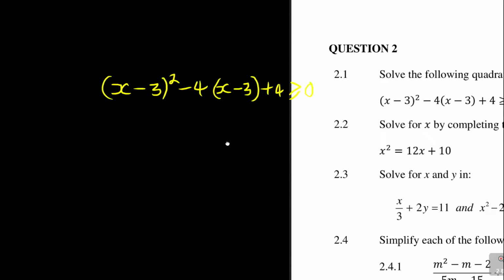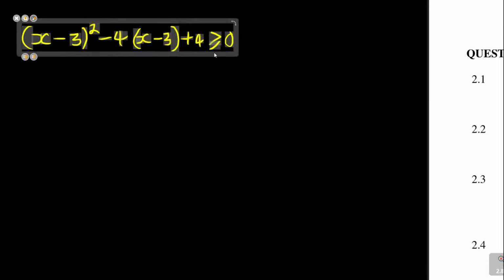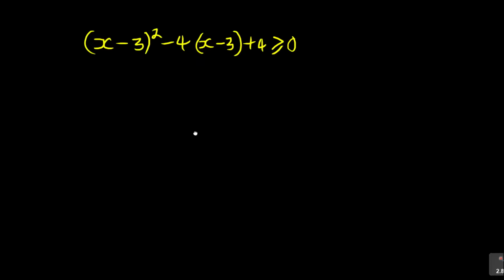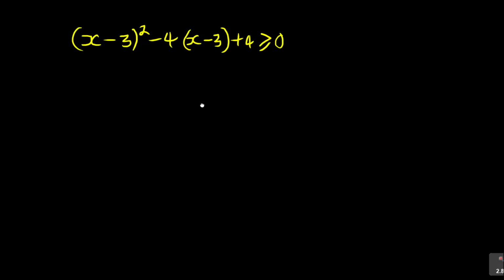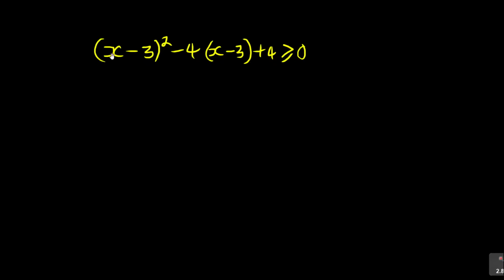So let's look at these. It depends how you want to simplify this, but there are 2 ways that I can suggest. There is the k method, which you can also apply here. As you can see, it says x minus 3 squared and then x minus 3.